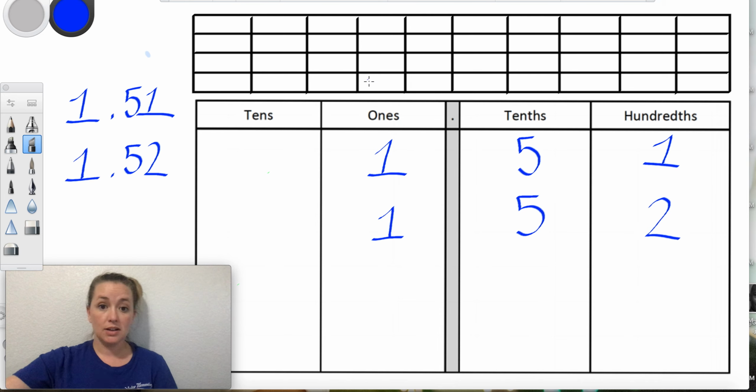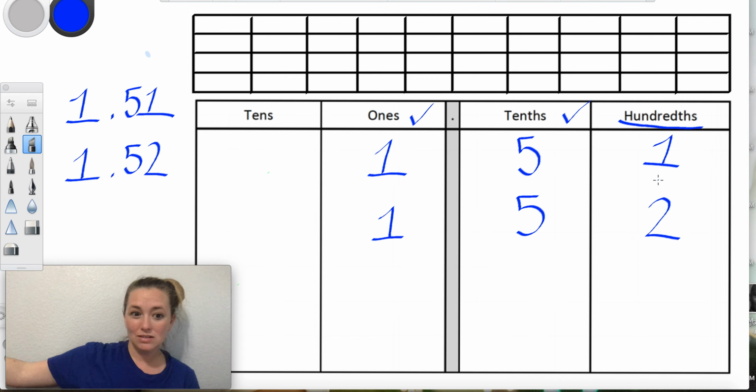Looking at this, we say, okay, if we're comparing, we want to look at the biggest place value first. My ones are equal. They are the same. My tenths are equal. They are also the same. And my hundredths, that's where I have a difference. I have 2 hundredths here, and I only have 1 hundredth here. So which one is closer to my next whole?